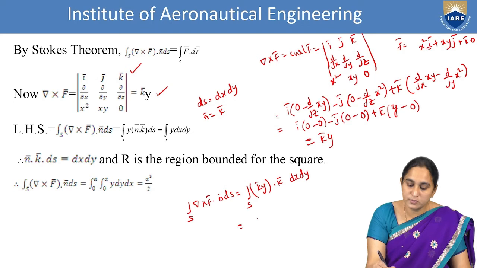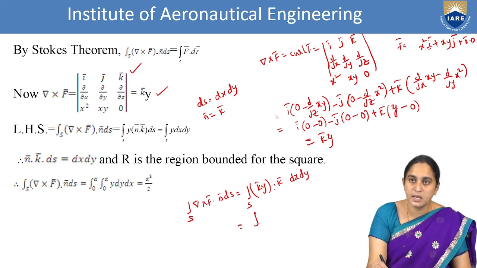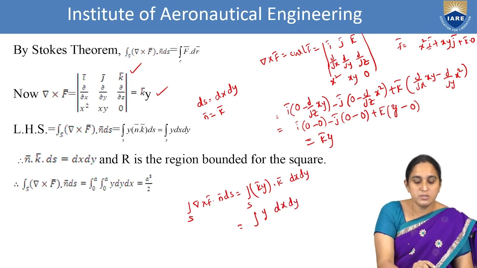Therefore, this is equal to the integral of k bar dot k bar, that is 1, and y into 1 into dx dy. Once you observe here, n bar dot k bar ds is equal to dx dy, which I am explaining now. And R is the region bounded by the square.